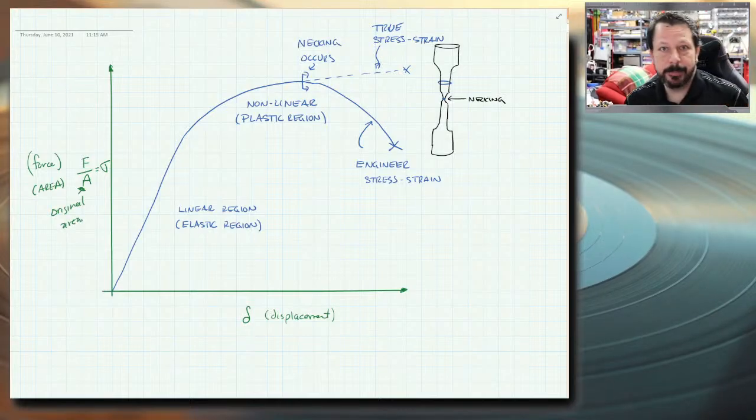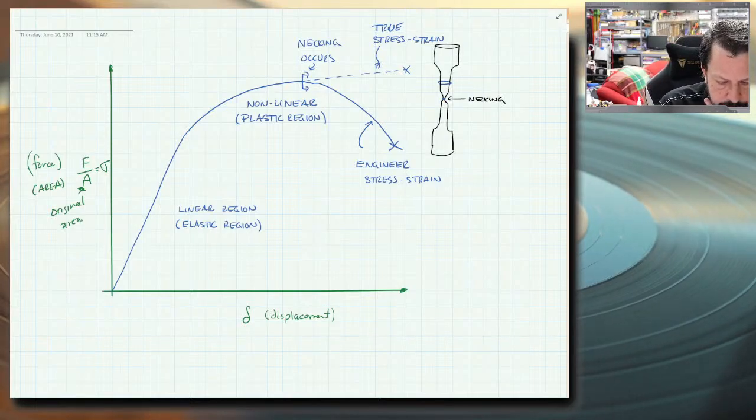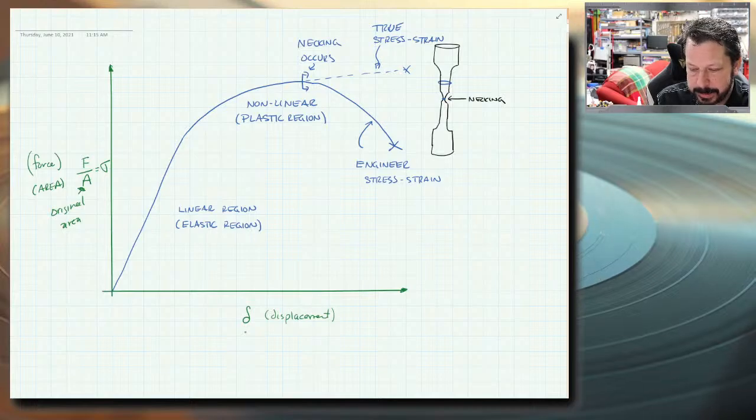In our little sample, we made that diameter 1/2 inch, so you would divide the force by pi times 1/2 inch squared over 4, and that would give you the stress. And it's stress strain, so the x-axis is going to be strain. We haven't really talked about strain yet, but it's a very simple concept.